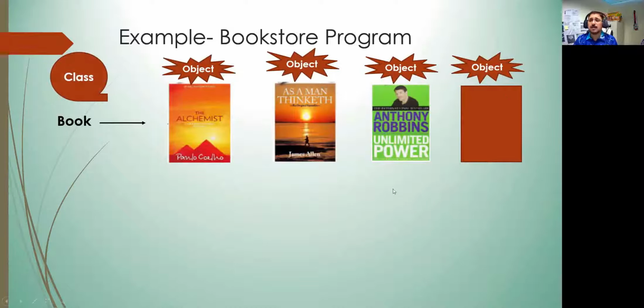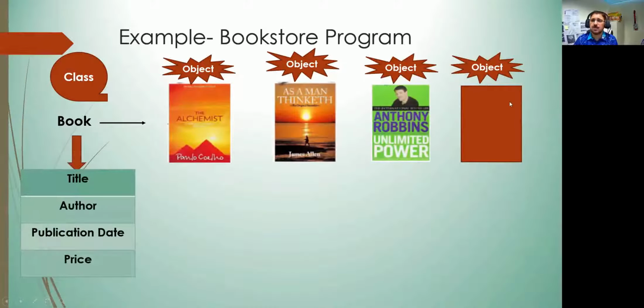If we want to abstract the general concept of all these books, then we need a general description of the book concept. So the general description which describes the concept of a book will be a class. For example, you see, all these books we can generally describe like this: author, title, price, and publication date. So we can describe it like this.